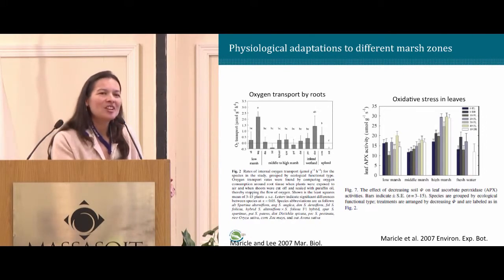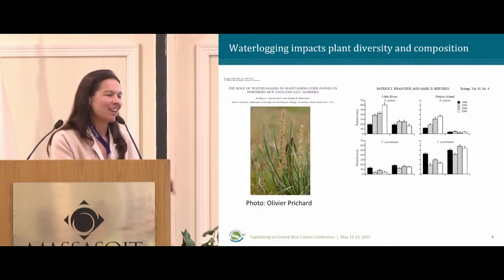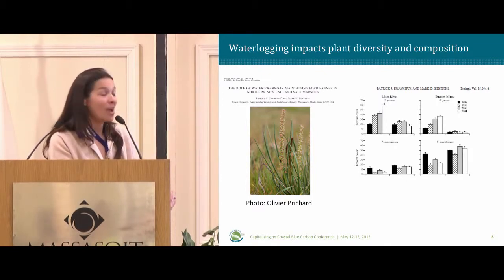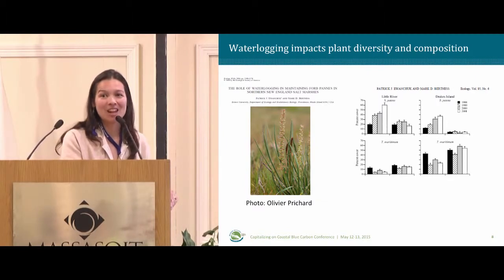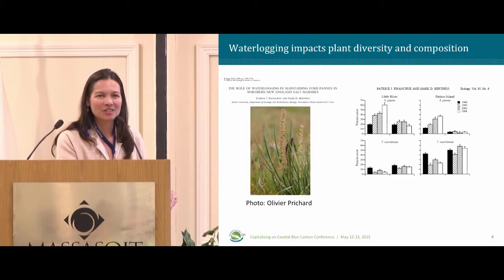So besides the basic zonation pattern of monospecific zones as one moves from low to high spots with elevation, there are patches within the marsh landscape. They're not quite as simple as one might think, and some of those patches are influenced by waterlogging, for example.